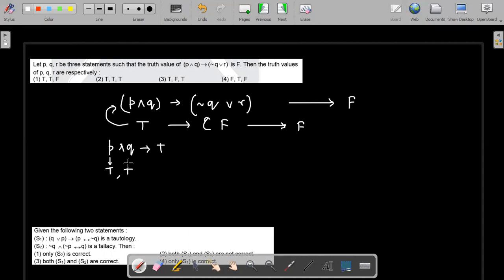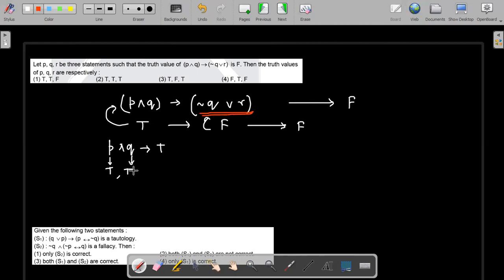So we can understand P is true, Q is true. You see the truth table, you will understand: true true true, true false false, false true false, false false false. Now there is only one option where these two become true. So P is true and Q is also true. Now this statement is false, right?